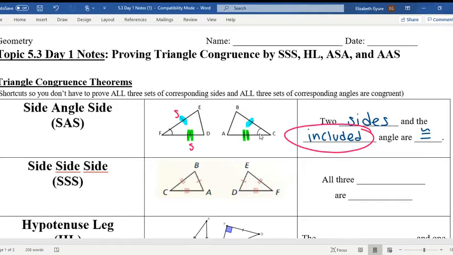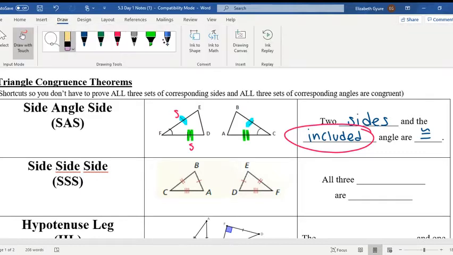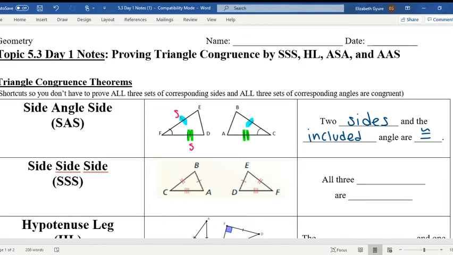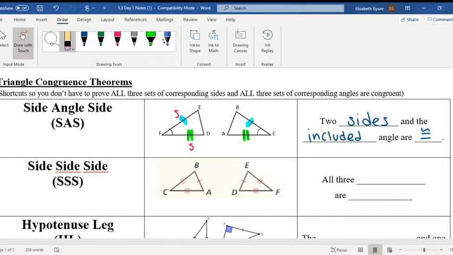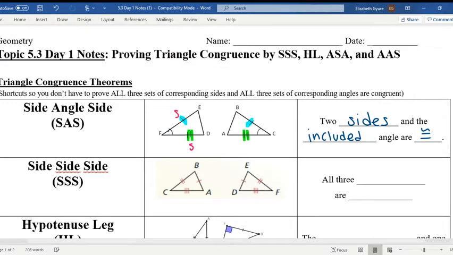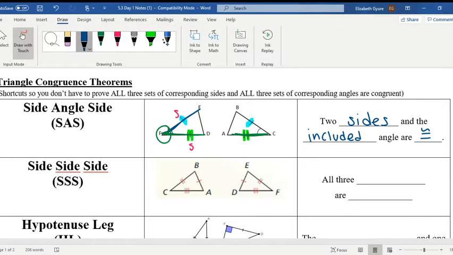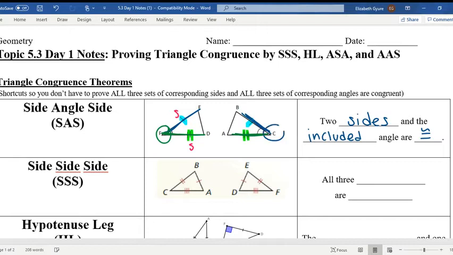Okay, yeah, it actually needs to be on the inside of those two sides. If I look at side FE and side FD, don't they both connect at angle F? And if I look at side AC and side BC, don't they connect at angle C?